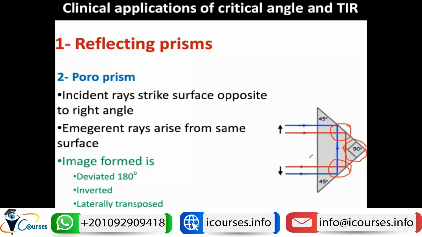So what will be the character of the image? As you can see here, the image is deviated like half a circle. This is the object, and this will be the image. It will be deviated 180 degrees. It is inverted, you can see it is upside down, and again it is laterally transposed. So it is inverted and laterally transposed.